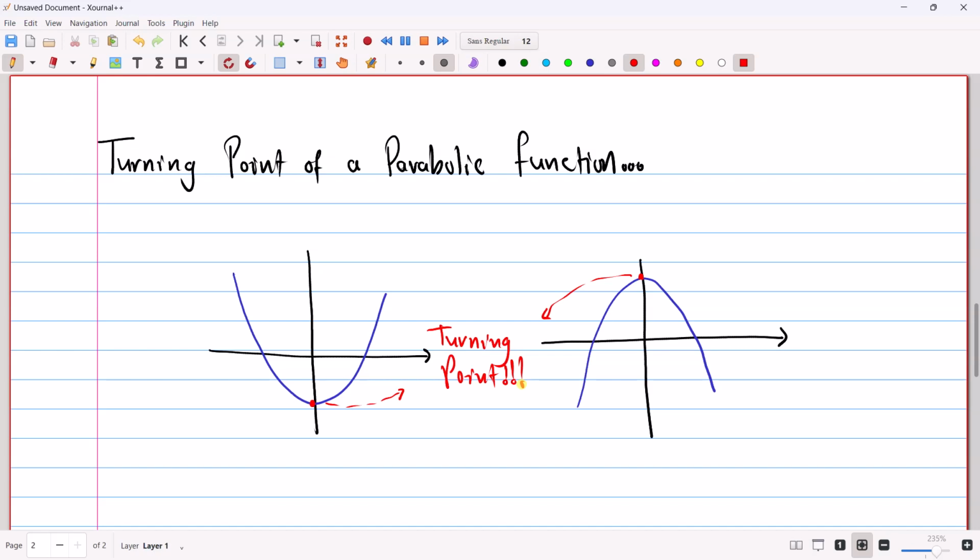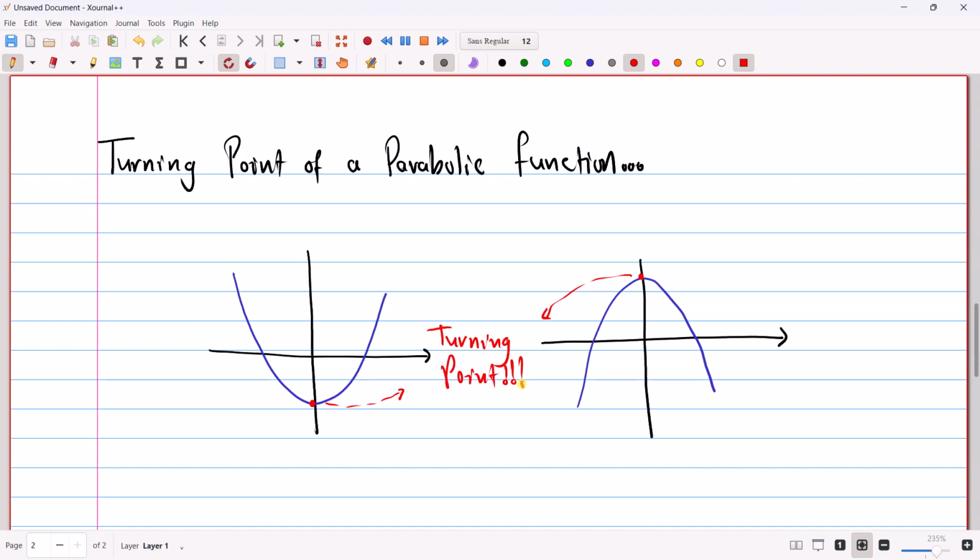To demonstrate how to find this point, we are going to look at a few examples, where we are given the explicit equation of a function, and our goal is to find what is the turning point of that function.